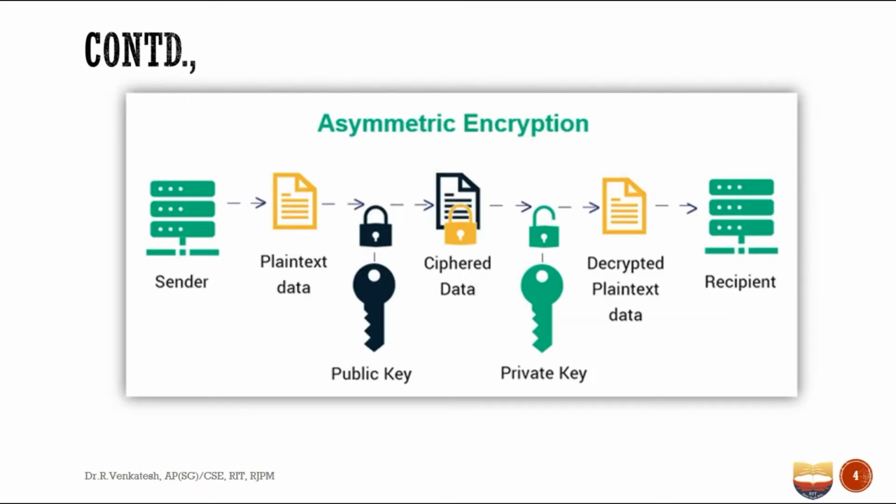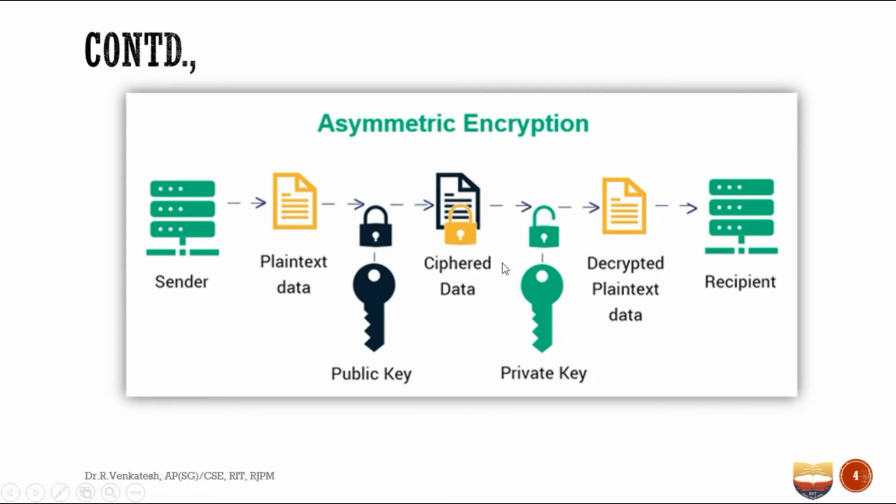This is another pictorial representation of asymmetric key encryption. The sender sends the plain text data to the encryption function. The encryption function gets two inputs: the plain text data and the key. In this example, we encrypt the plain text data using the user's public key. After the encryption function, we get the cipher data, which is fed as input to the decryption function.